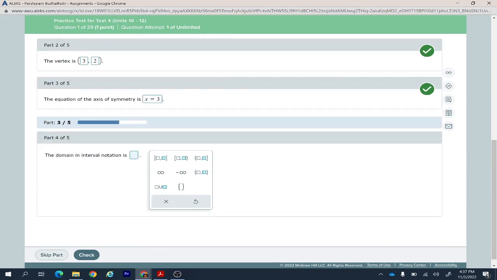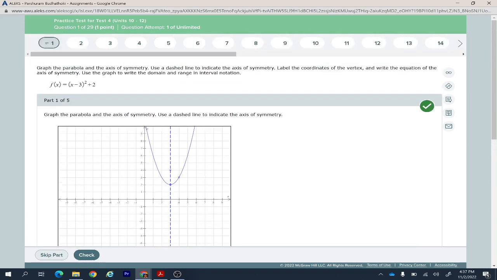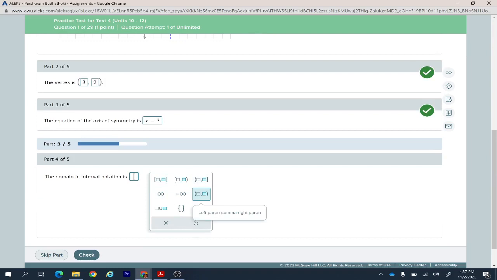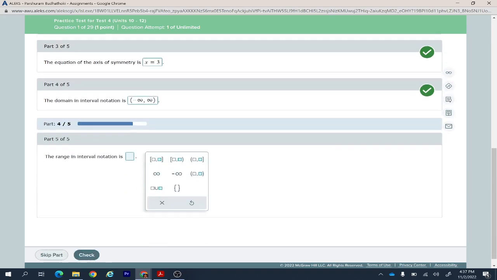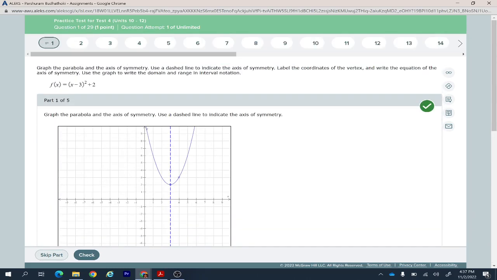And then domain in interval notation, as you can see here, the domain is all the real numbers. Domain means what x value you can pick. There is no restriction for the parabola. So it's all real numbers, which is parentheses starting from negative infinity to positive infinity. Always keep in mind, for the parabola, the domain is all real numbers, but the range is the y value.